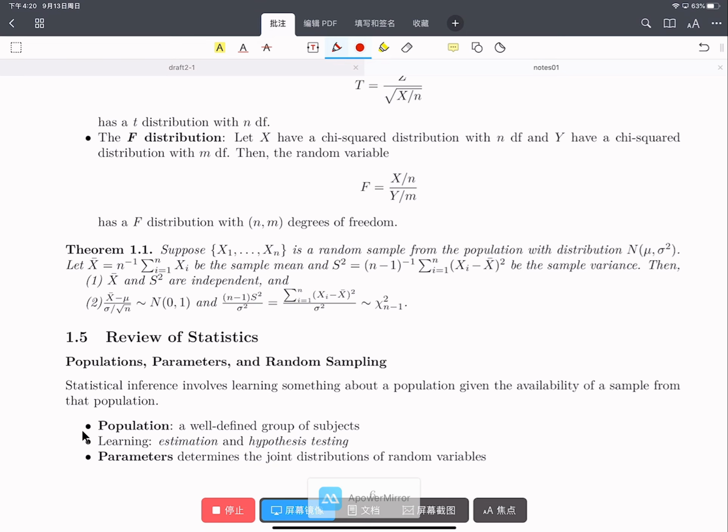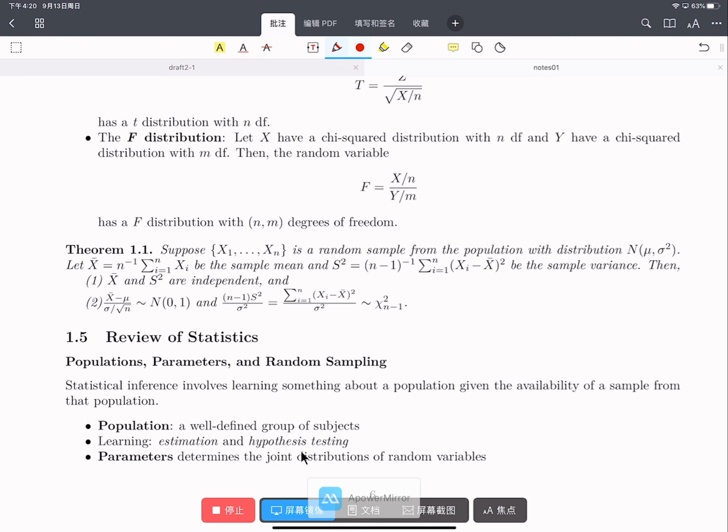Here, the first concept is a population, which can be any well-defined group of subjects. The sum of their characteristics is described by some probability distribution. But you are not sure about the value of the parameter of that distribution.